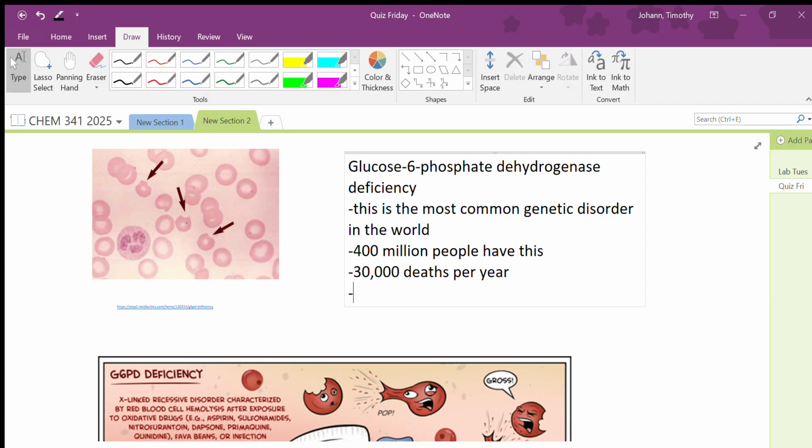But what glucose 6-phosphate dehydrogenase does is it makes a product that is important for recharging your antioxidant system.